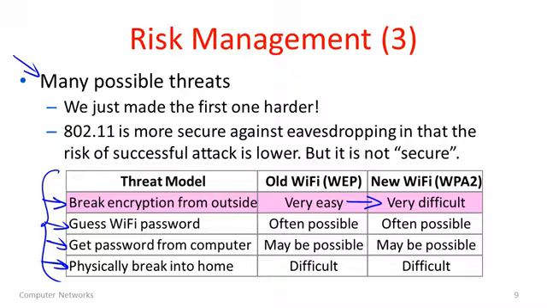What's the point of all of this exercise? The point is that there are many possible threats which would lead to the same outcome of people being able to read your messages. So if we want to understand if a system is secure, we really need to consider the range of threats here, because the weakest one will be the issue. We've strengthened with WEP, we've moved from WEP to WPA2, and we've addressed this threat much more effectively.